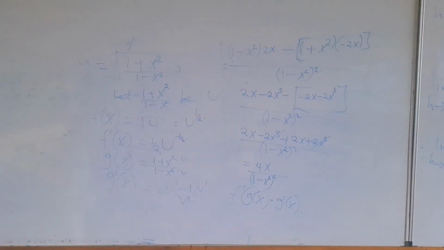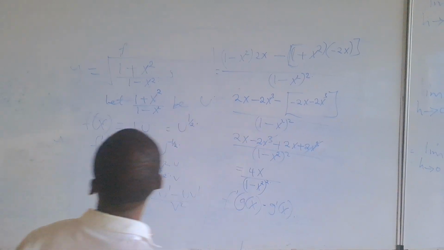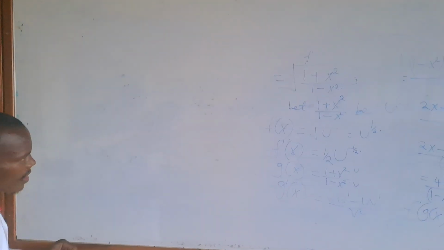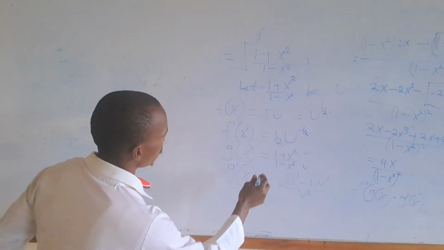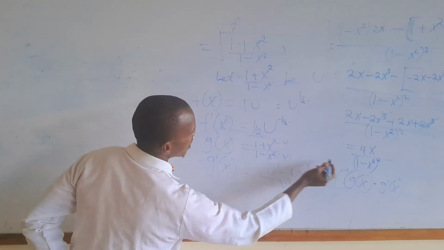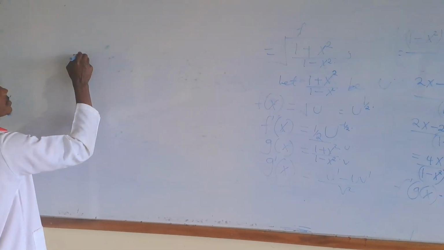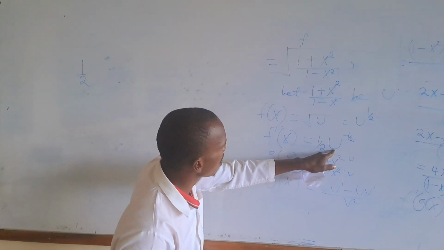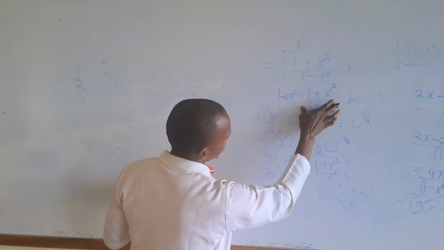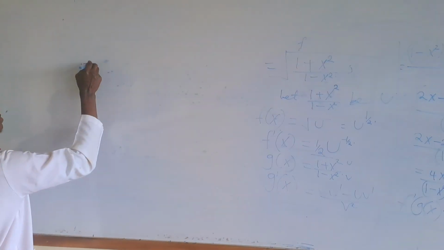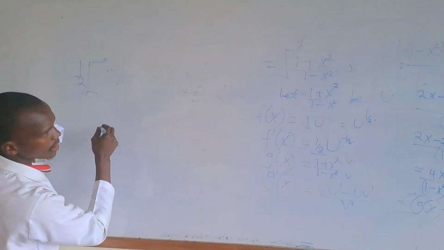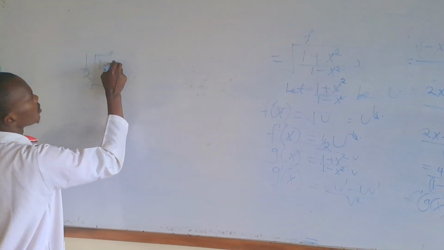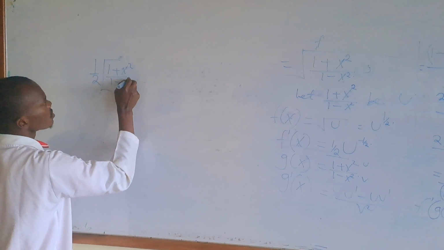So in this case, f prime was a half of u, and our u was all this, that is in bracket 1 plus x squared over 1 minus x squared.